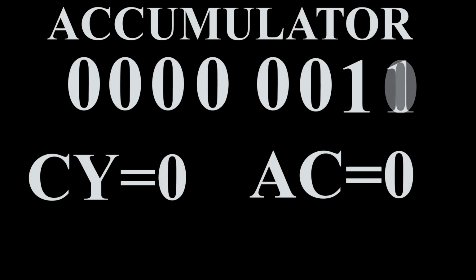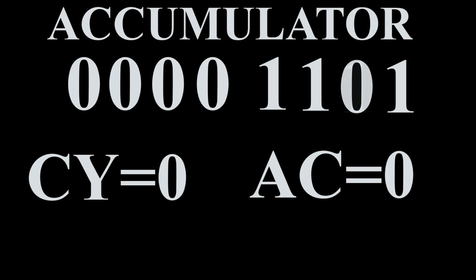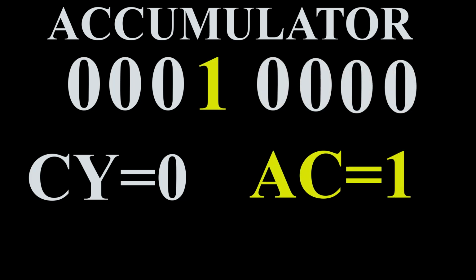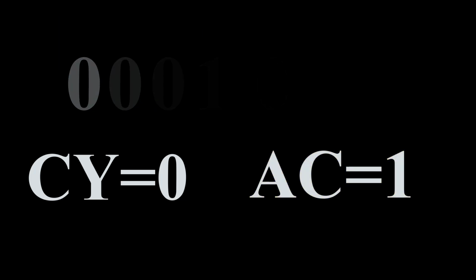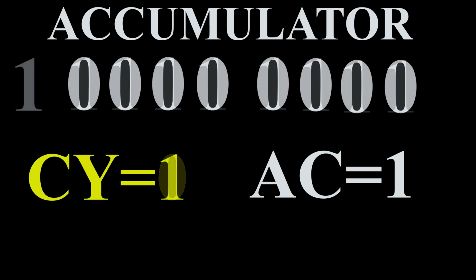Now, the auxiliary carry is not mystical. It simply indicates that during the last add instruction, the lower nibbles of the accumulator rolled over 1111, and a bit was carried to the high nibble, exactly the same way that the normal carry indicates that the byte rolled over and set the carry bit.